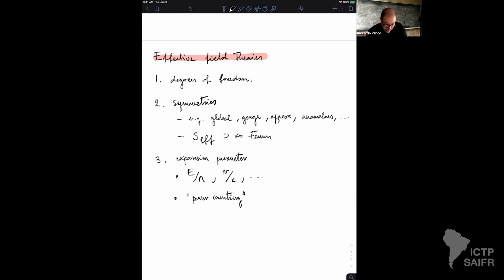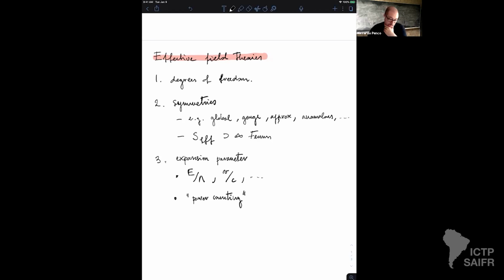So then the name of the game in effective field theories is trying to implement correctly these three ingredients. You need to, for a given system, figure out what the relevant degrees of freedom are, what the symmetries of the system are, and what your expansion parameters are. And if you can do that, you have an effective theory. Now, these are very easy to state, but as with many lofty principles in life, oftentimes they're easy to state but difficult to live by.